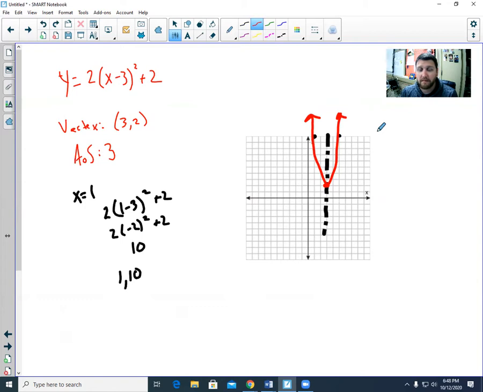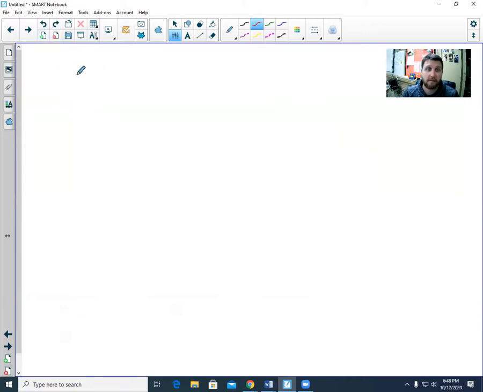Now, one thing I want to mention to you is the idea of a maximum and a minimum value. Okay? The vertex can either be the maximum or the minimum of a function. And in this case, specifically, this is a minimum value. This vertex is a minimum. So one thing I want to mention to you is if the function opens up, that means that the a value is positive.